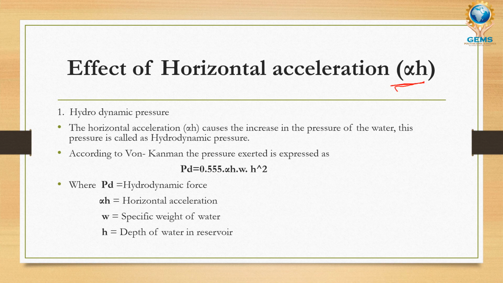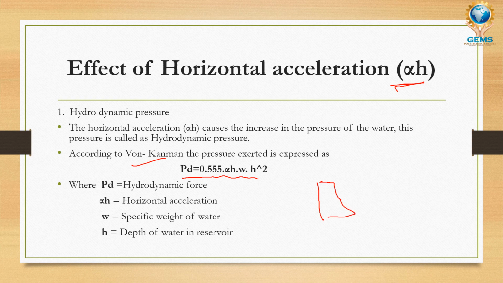According to von Karman, who is the founder of this horizontal acceleration force, this pressure is denoted as PD is equal to 0.555 into alpha h, the horizontal acceleration, W the specific weight of water, and h squared, where h is the depth of the water in the reservoir.